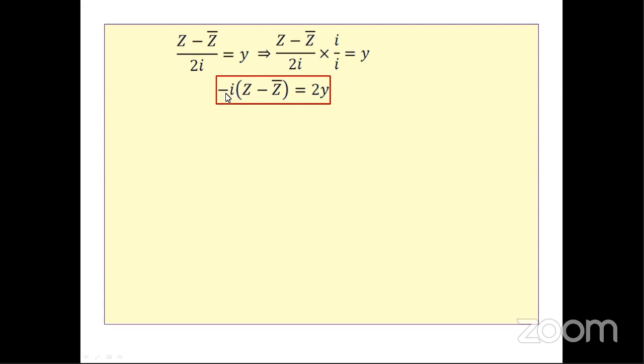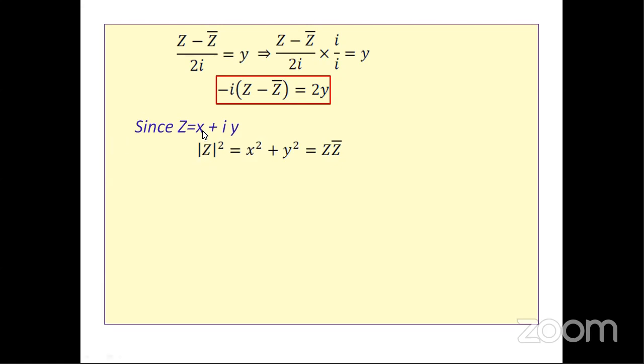So we are getting a condition here: minus i into z minus z bar is equal to 2y. And the previous condition was z plus z bar is equal to 2x. Okay. Now, since you have z as x plus iy, modulus square, that means mod z whole square. What is mod z?